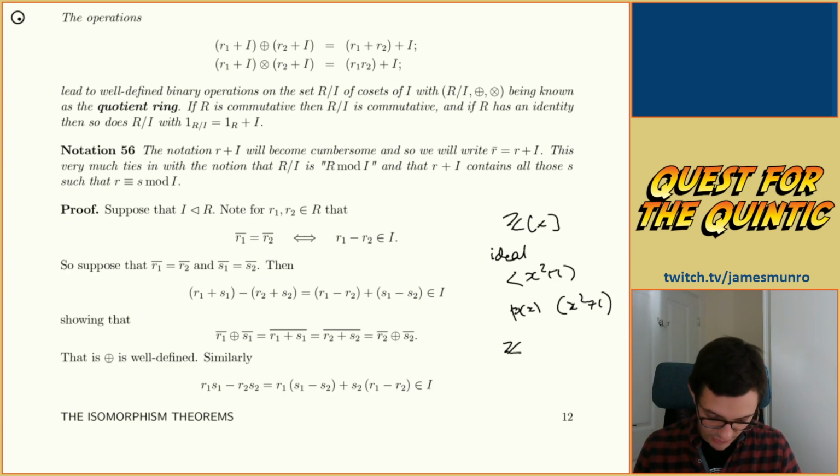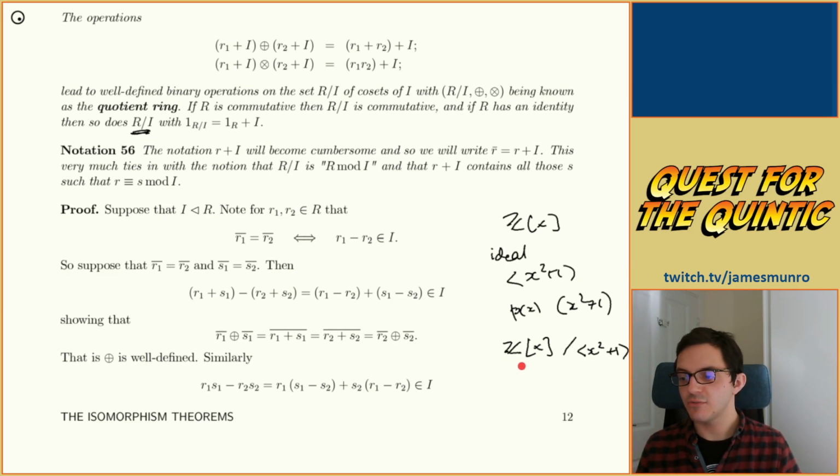And then you've got this ring, so the notation is like this: ring quotient ideal means look at this ring, but consider everything from that ideal, multiples of x squared plus 1, to be essentially 0.